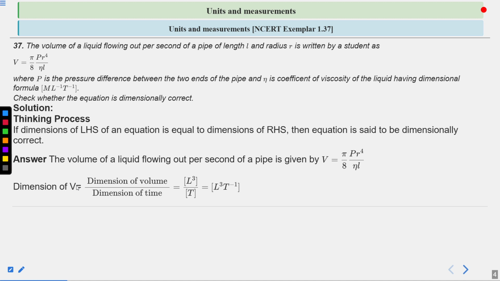So the dimension of V is the dimension of volume divided by the dimension of time. Here V means the volume of liquid flowing out per second. The dimension of volume is L cube and the dimension of time is T, so the dimension of volume of liquid flowing out per second is L cube T inverse.